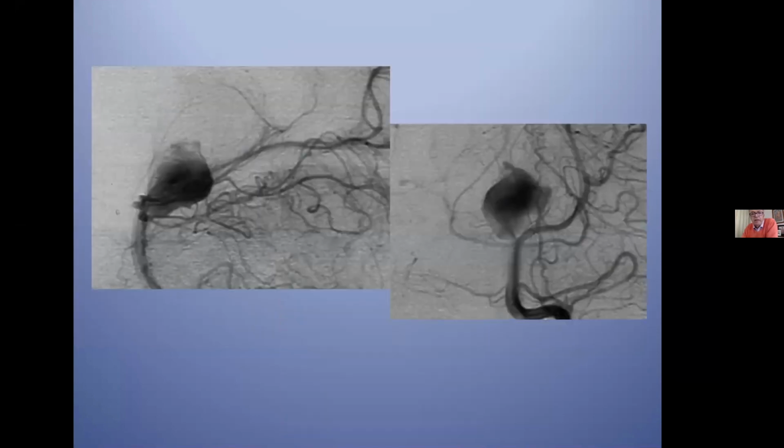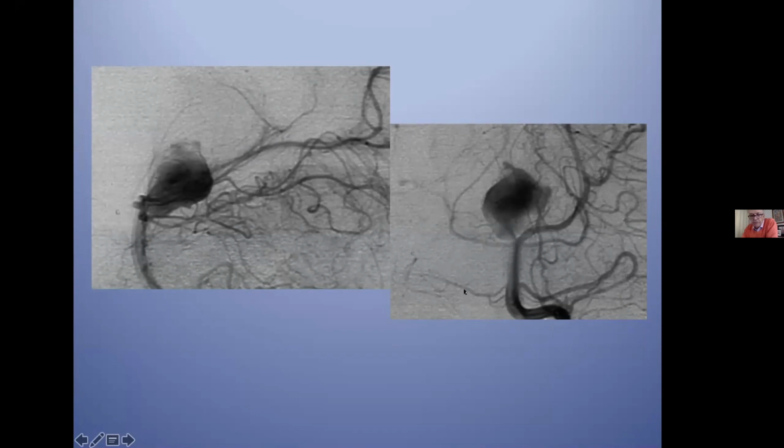I decided at this moment, because this aneurysm is giant. This is the point of rupture. This is the mass effect on the perforating branches. And this is the inflow.